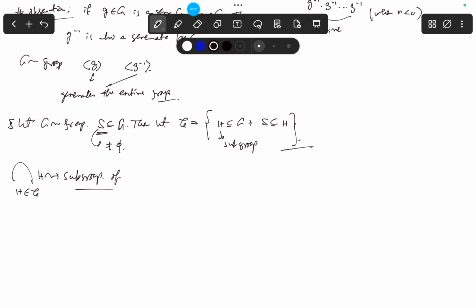So it is a subgroup of G, and of course S is inside this intersection. So this particular subgroup is said to be the subgroup generated by S.